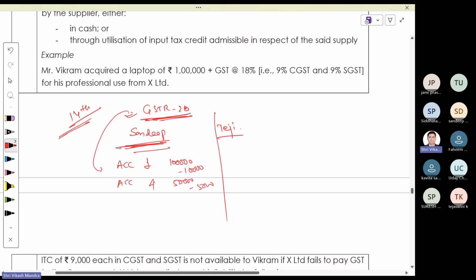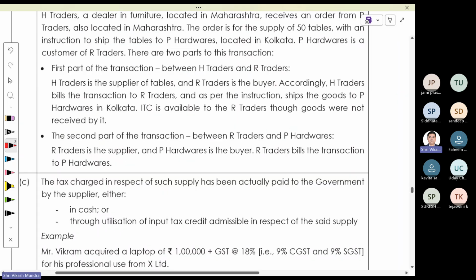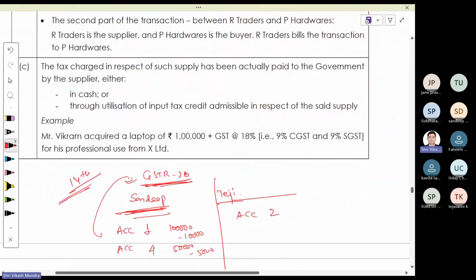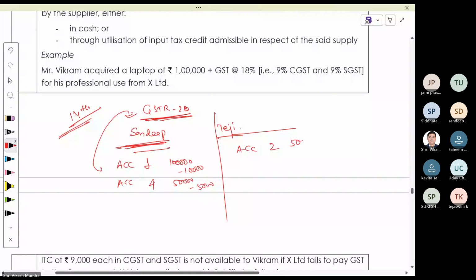At the end of Tejaswani, it would be ACC invoice number 2. What is the value? 50,000. GST would be 5,000. That means a customized report for each and every buyer is prepared on the basis of the report provided by the supplier.